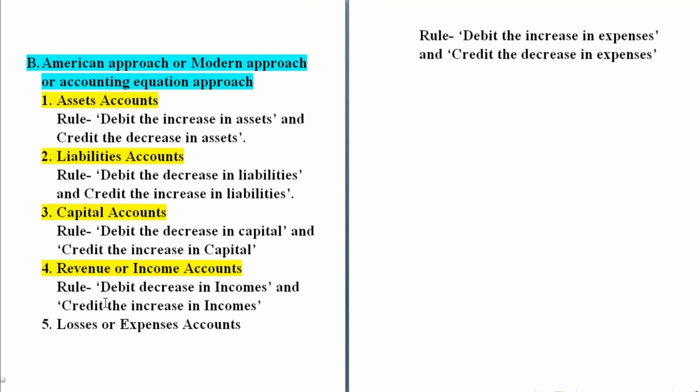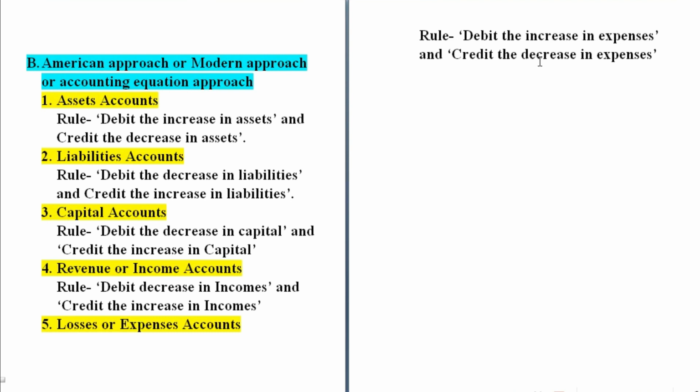And so whenever your revenue increases, credited. Okay, then next we have losses or expenses. Debit the increase in expense. Salary you have to pay, rent you have to pay, so you have to debit when your expense is increasing and credit when your expenses are decreasing.